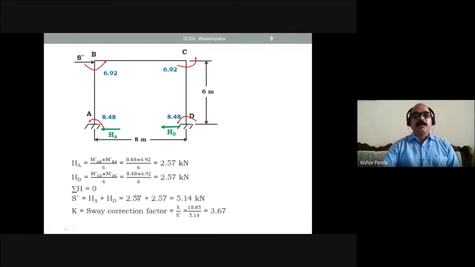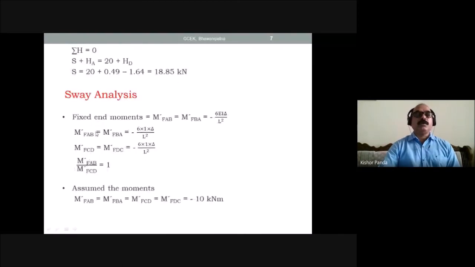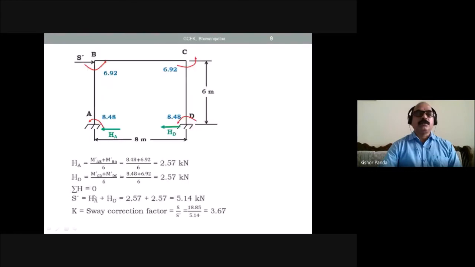Then after getting the sway force, here you got the non-sway force S as 18.85 by taking the external load, and here you got the sway force S dash by assuming the amount delta, and from that analysis, assuming the fixed end moment minus 10 kilonewton meter, you got the sway force S dash.